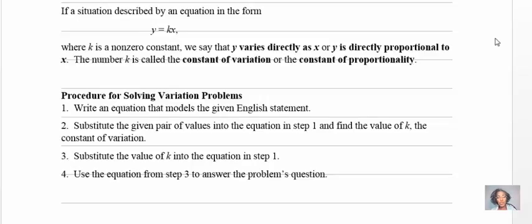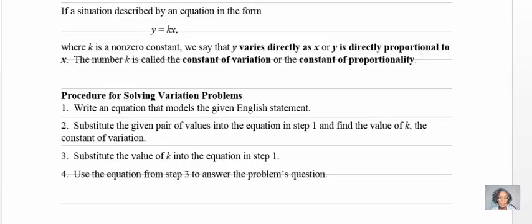Then we're going to substitute the values that have been given to us from the problem, and use that information to find the value of our constant of variation. Then we're going to rewrite our equation, substituting the value of k that we found into the equation from step 1. Then we're going to use the equation that we arrive at in step 3 to answer the problem's question.